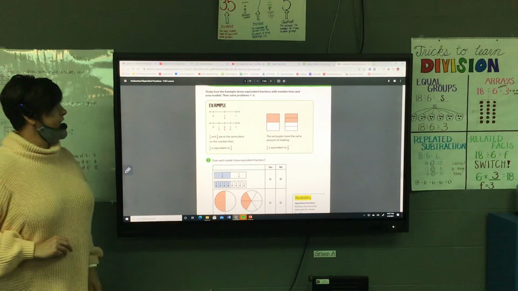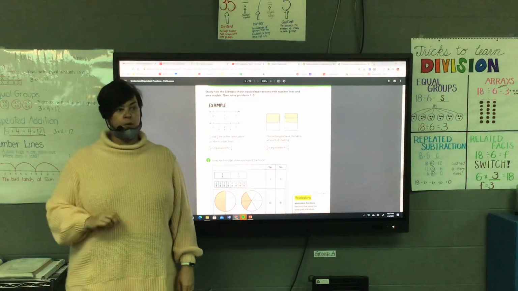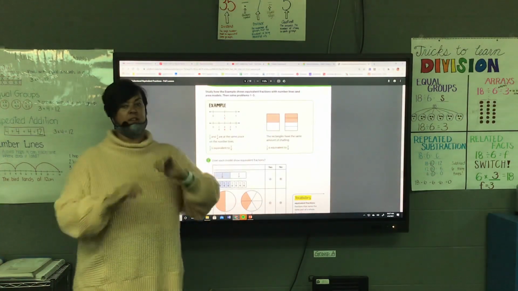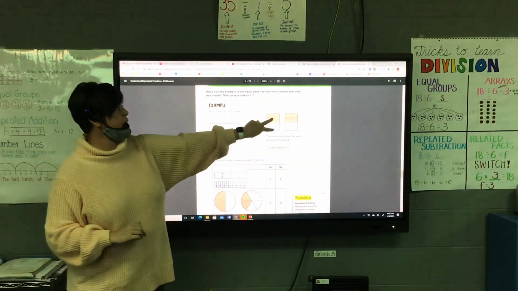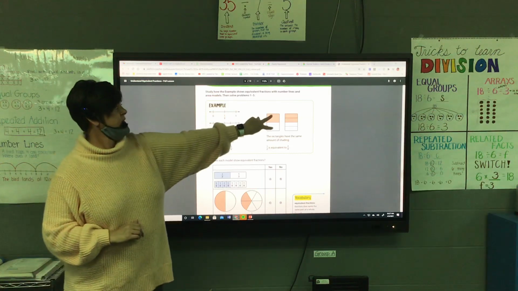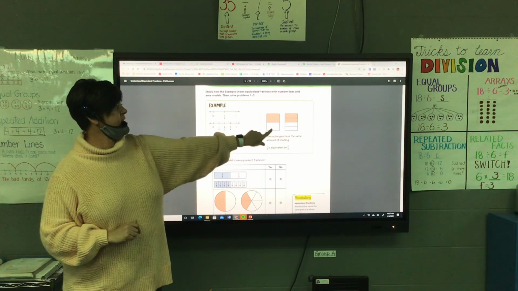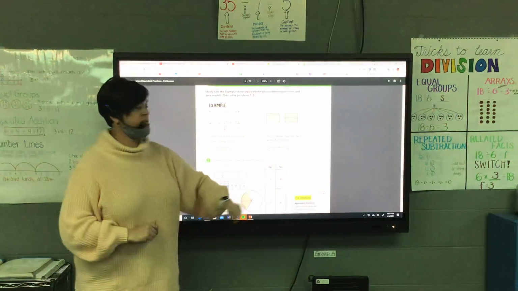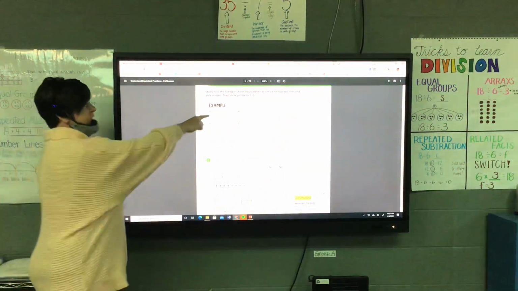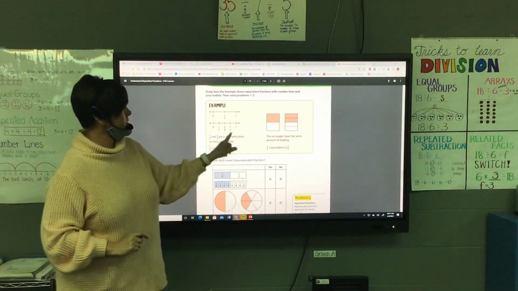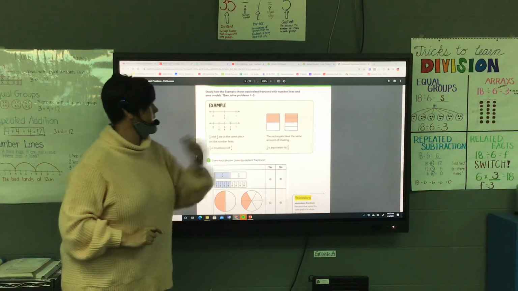The bottom one they have split into 4 equal parts. Let's look over next door at that model. How many equal parts in this first one? 2. How many equal parts in this next one? 4. Just like our number lines, right? 2 equal parts, 4 equal parts.